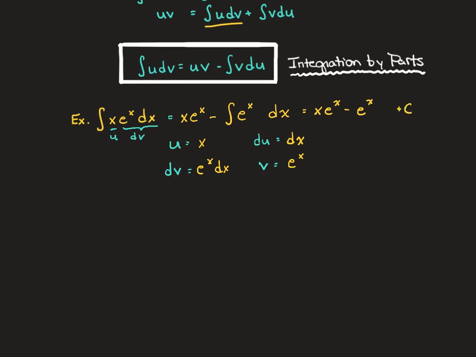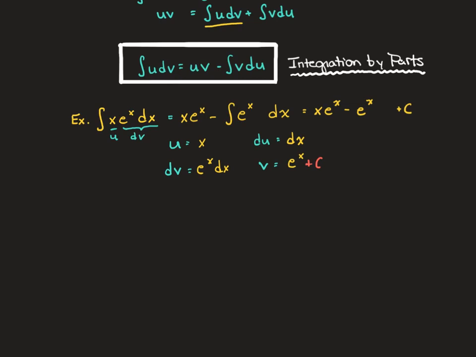Okay, let's look at something that I just swept under the rug. I said, if dv is e to the x dx, v equals e to the x. Well, that's one antiderivative, but should I have put e to the x plus a constant?